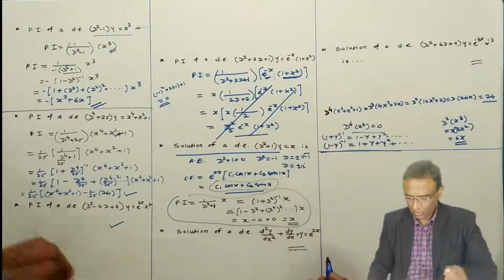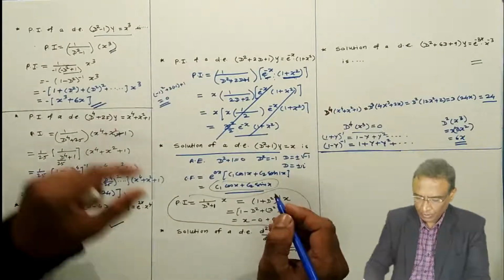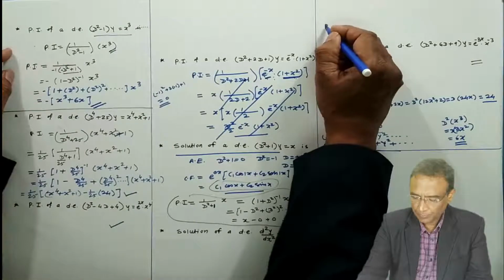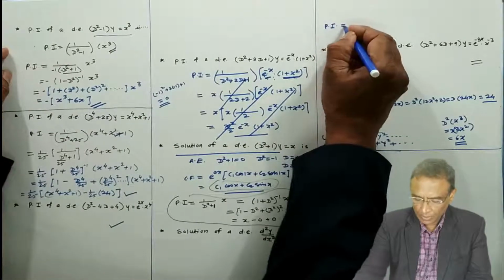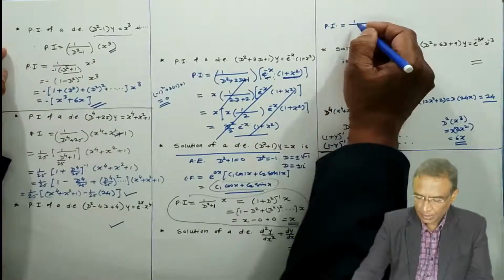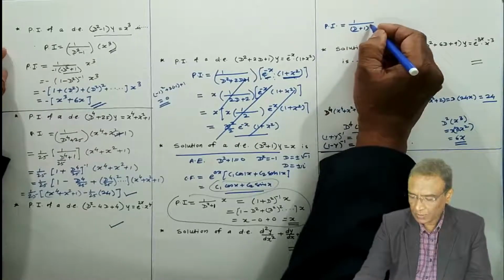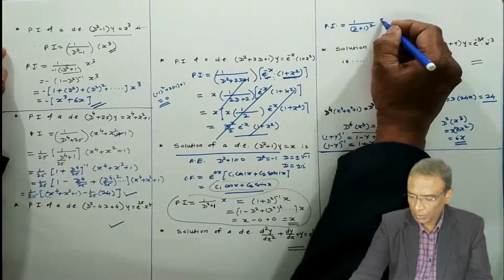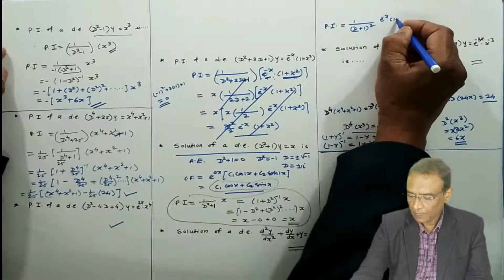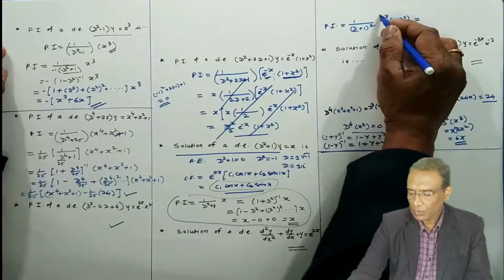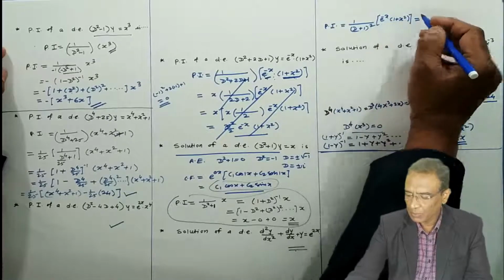Here I am going to solve this problem. Particular integral is 1 by D square plus 2D plus 1, and e to the power minus x times 1 plus x square. We have the product of two functions out of which one is exponential. The exponential can be taken outside.